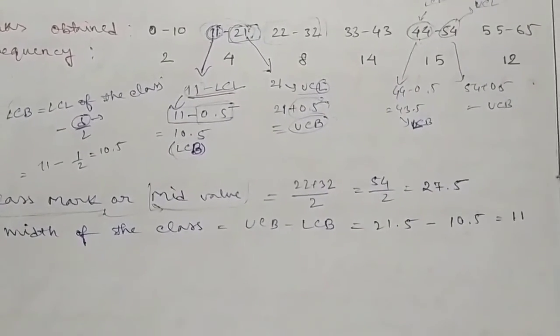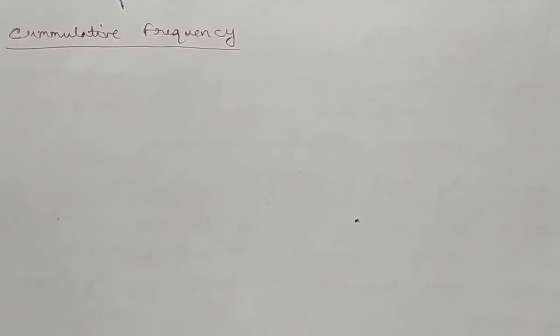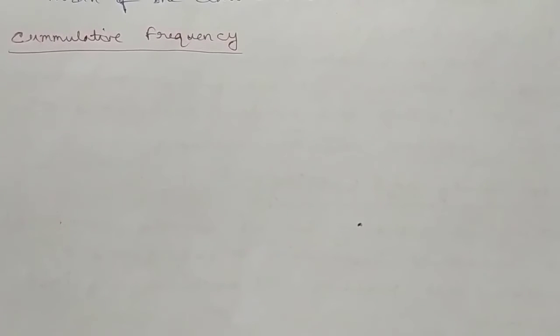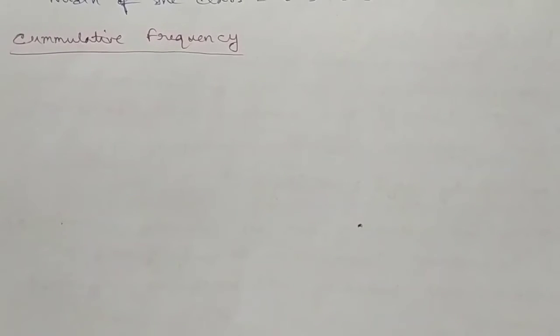Okay, now moving to the cumulative frequency. So what is cumulative frequency? For a simple frequency distribution, we need the total frequency of observations lesser than or equal to an observation.